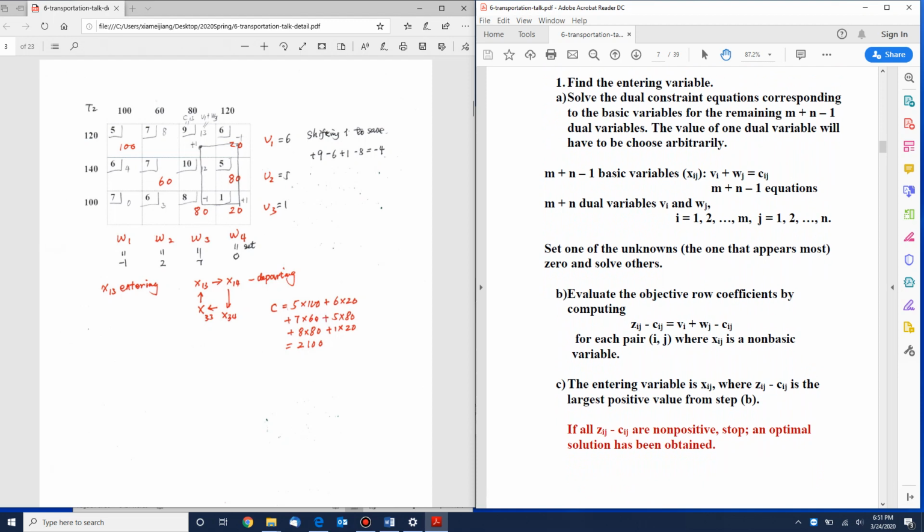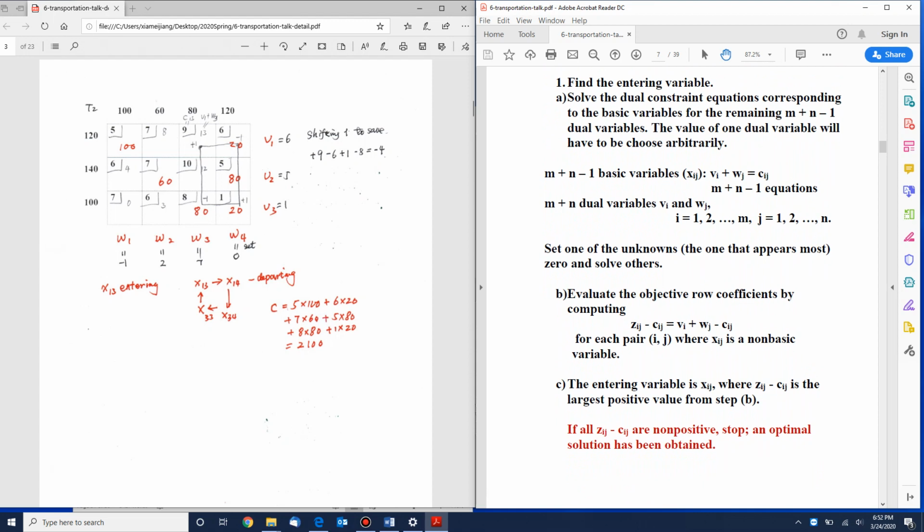So to calculate those equations and find the value of the dual variables, we don't want to write all of them down.